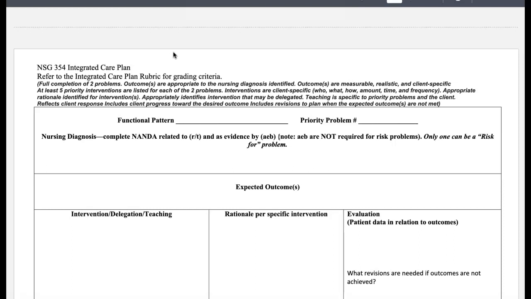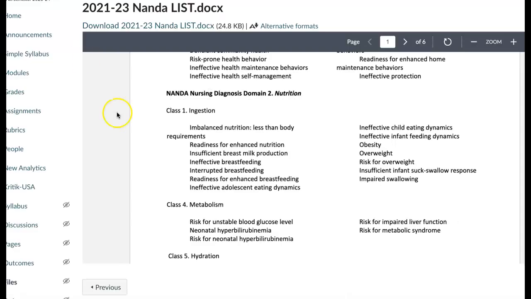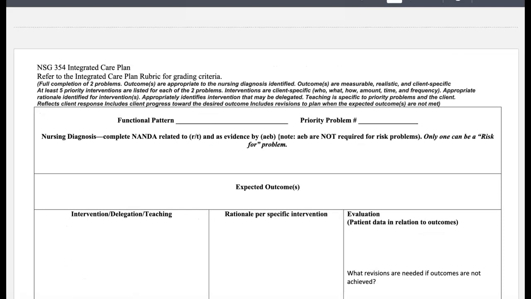So your related to part is what's causing that. Perhaps they are having swallowing impairment. So we have imbalanced nutrition, less than body requirements, related to swallowing impairment, or maybe they're a cancer patient on chemotherapy, and then your as evidenced by would be that weight loss.